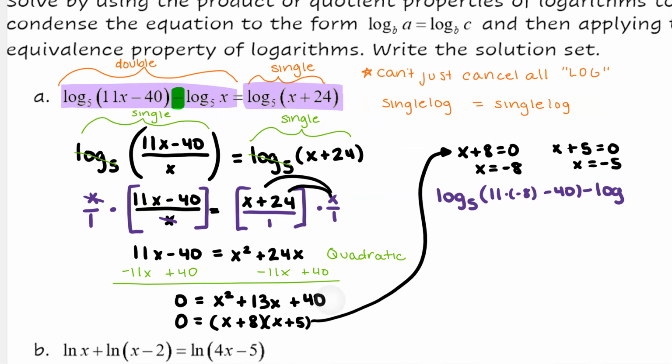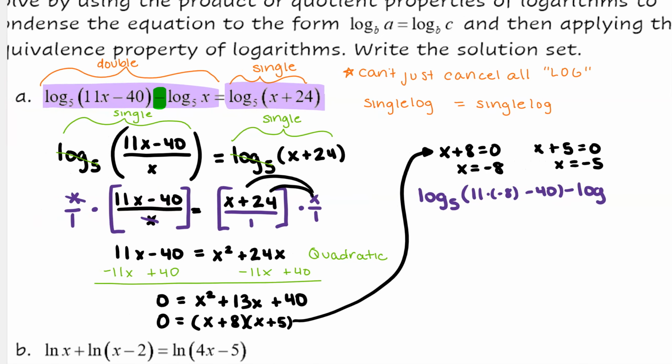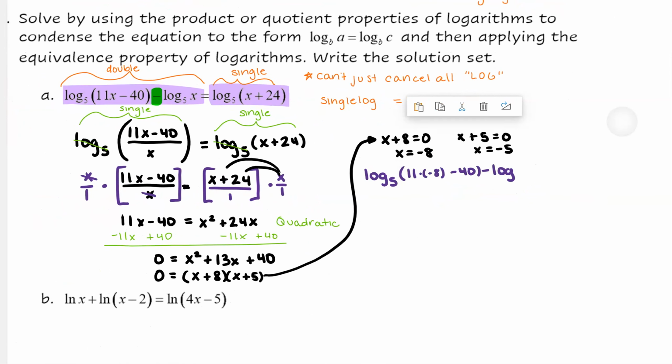Let me zoom out a little bit here. Log base 5 of negative 8 equals log base 5 of negative 8 plus 24. Now, some of you can already see that this isn't going to work.